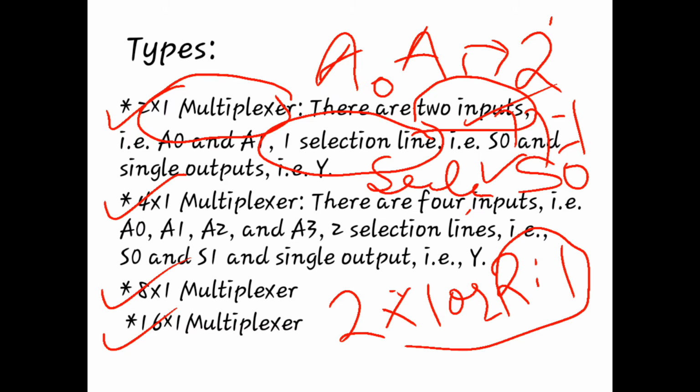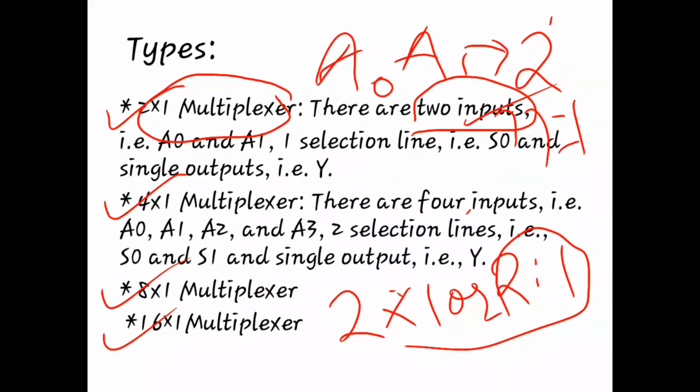So 2x1 means 2 inputs, 1 selection line and 1 output, that is a single output, which is represented here with the symbol Y.